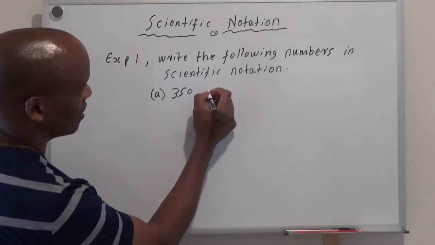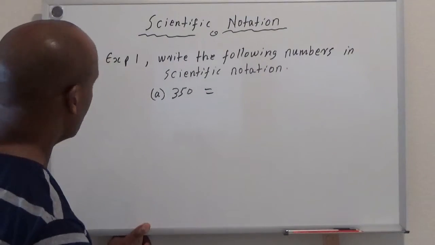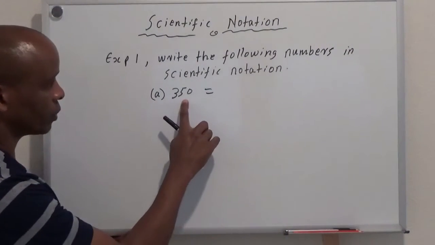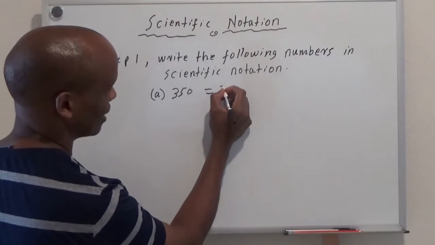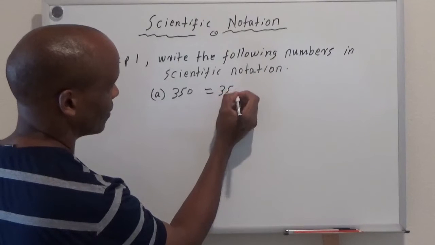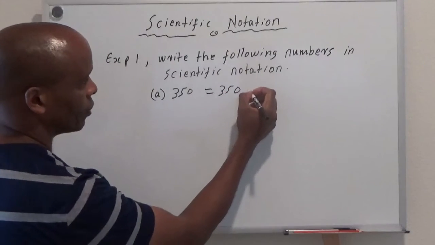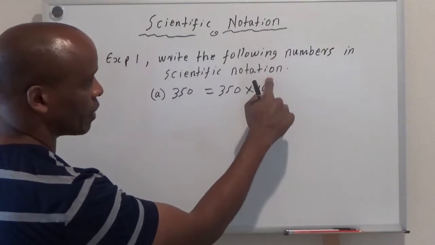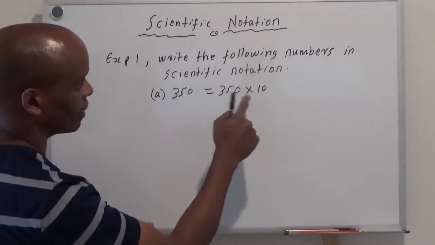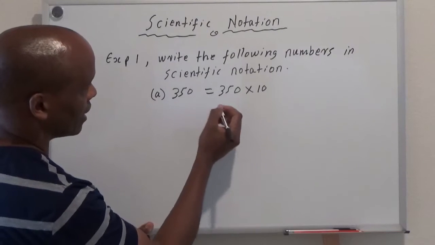I have 350 equals. What I do is, first of all, to rewrite the number just the way it is. 350. I'm going to have it multiplied by 10 to the power of something, and that is n.